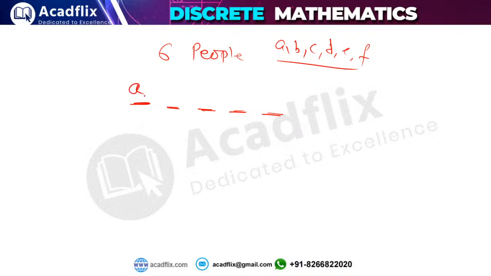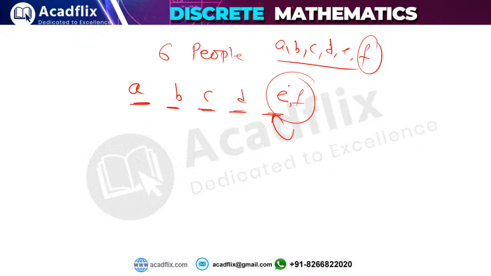Let's assume you put A here, B here, C here, D here, E here. Now F has to go inside one of these rooms. Let's assume you put F here. Then you can see that at least one room has more than 1 person. So this is your pigeonhole principle. Very intuitive principle this is.